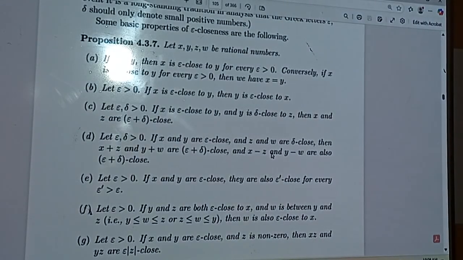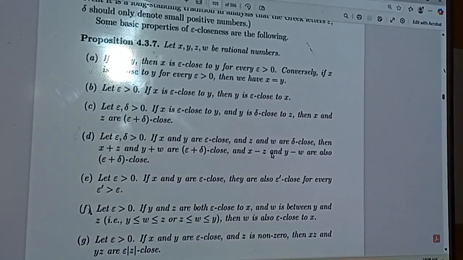Let epsilon greater than 0. We write, suppose x and y are epsilon close and z is non-zero. If z is non-zero, absolute z is also non-zero. Therefore, d(xz,yz) means absolute value of xz minus yz.